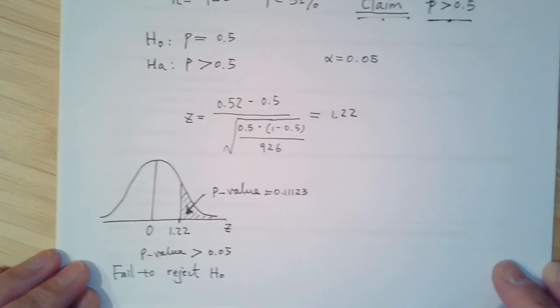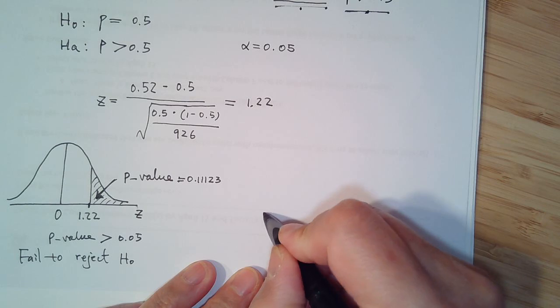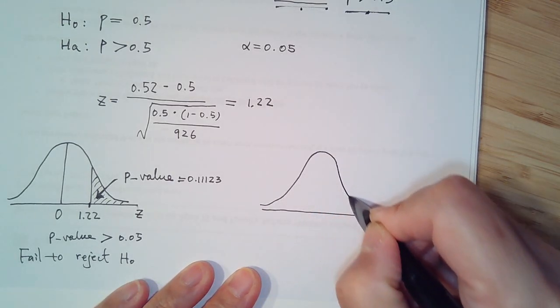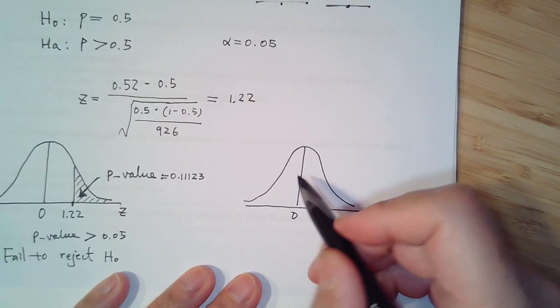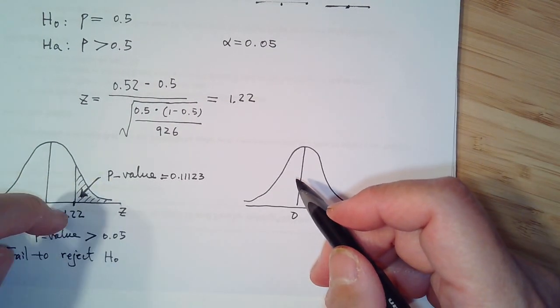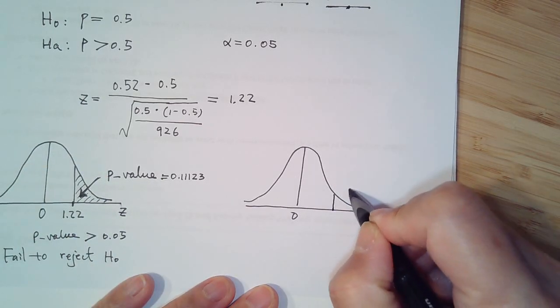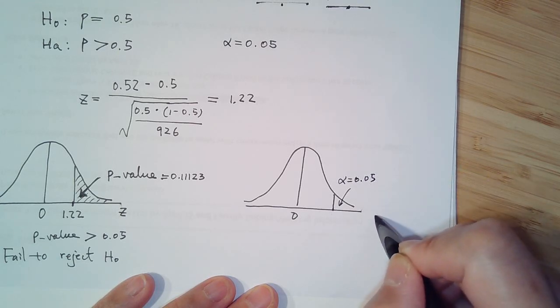Okay. And do you remember that I mentioned there's another way to do it? The other way to do it, the alternative way, is to draw the z curve. Okay, 0. And then instead of finding the p-value from the test statistic, I use alpha, which is 0.05, and here is a z.